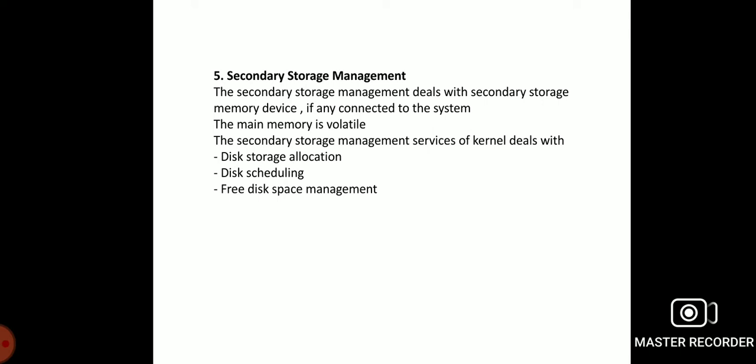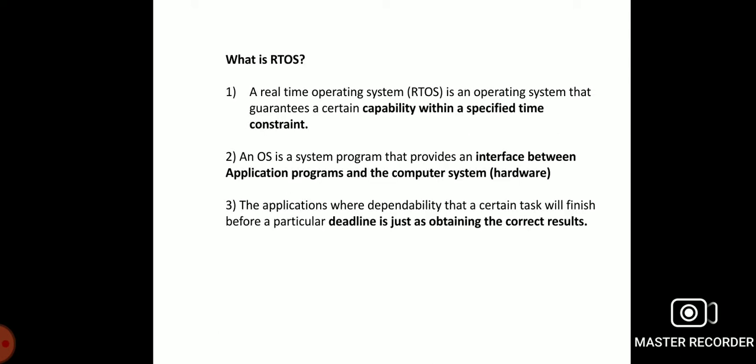Then what is a real-time operating system? A real-time operating system is an operating system that guarantees a certain capability within a specified time constraint. An operating system is a system program that provides an interface between the application program and the computer system.